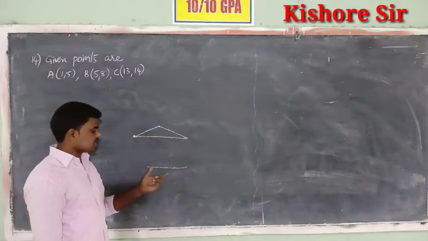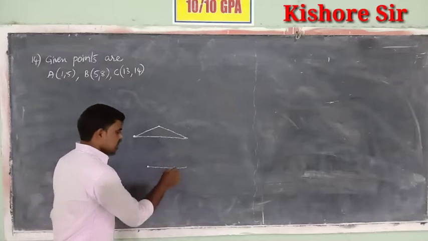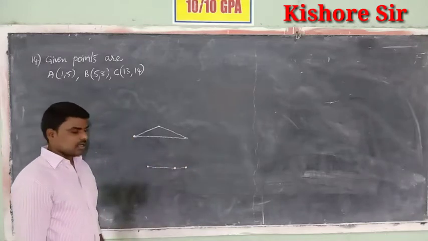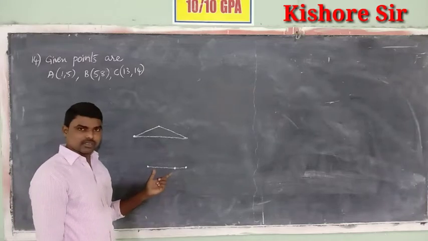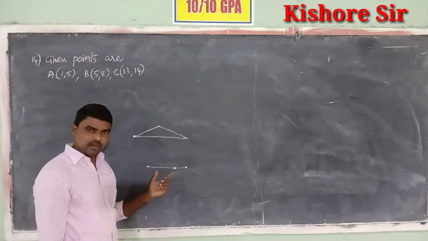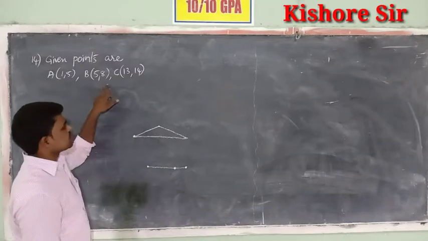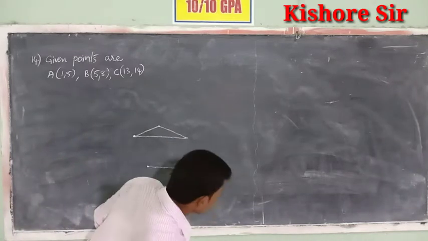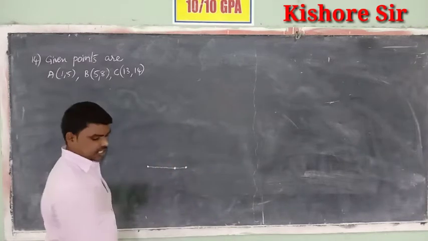Suppose the given points are collinear, then a triangle cannot be formed with the given points. So we have to check whether the given 3 points are collinear or non-collinear. What is the collinear condition?